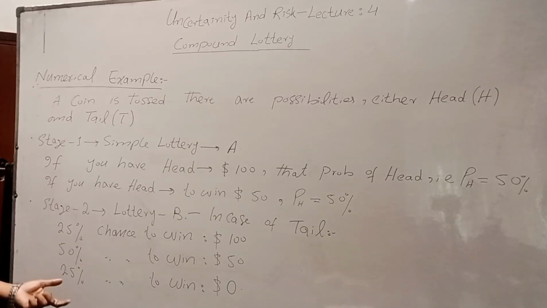Clear? Or when you have tail, you decide to play lottery B. In that condition, 25% chance to win $100, 50% chance to win $50, and similarly 25% chance to win $0. So there are the possibilities.